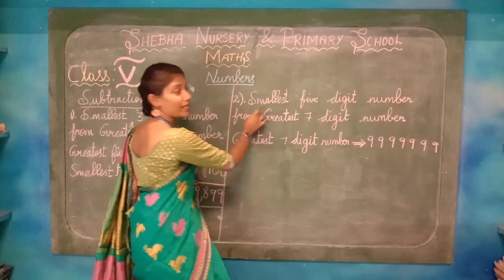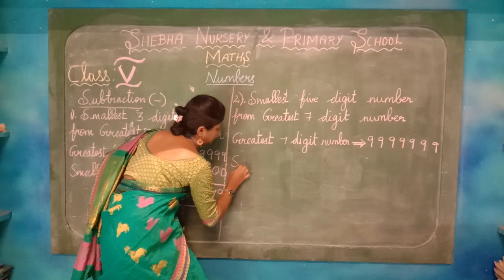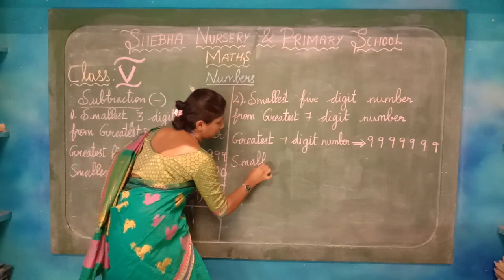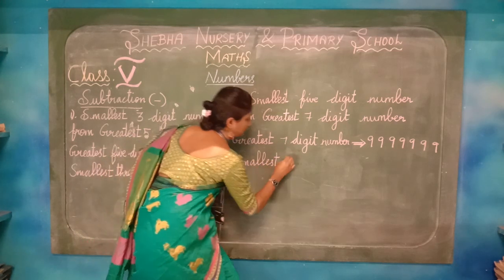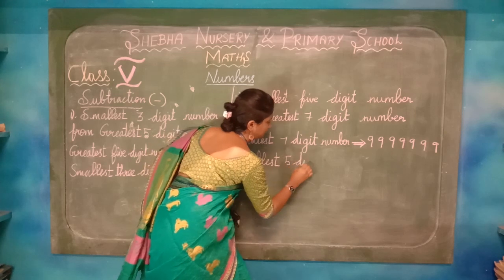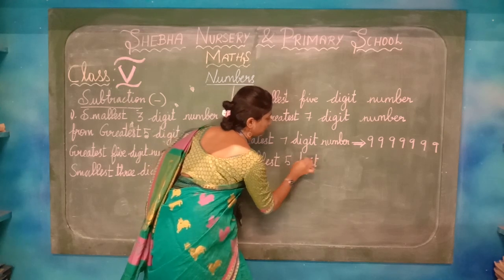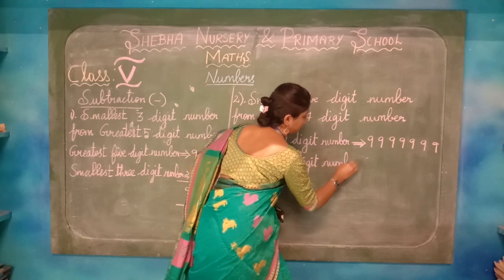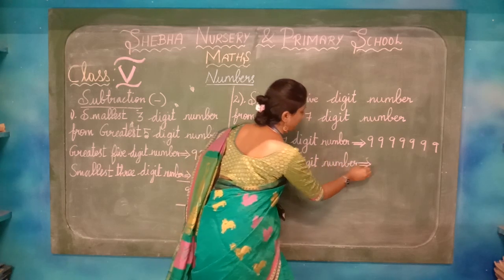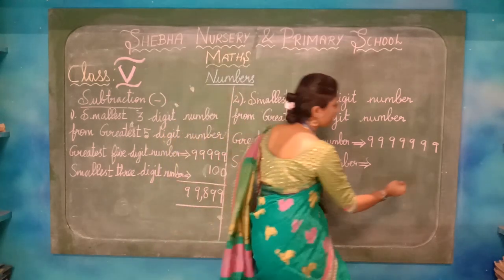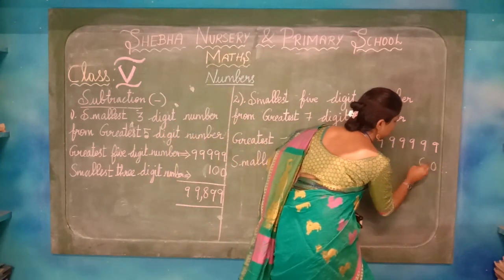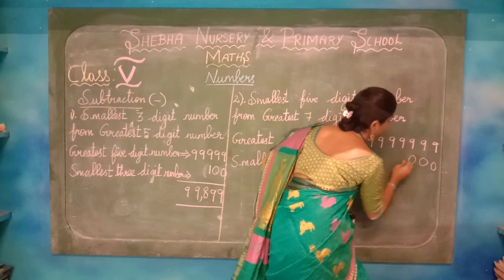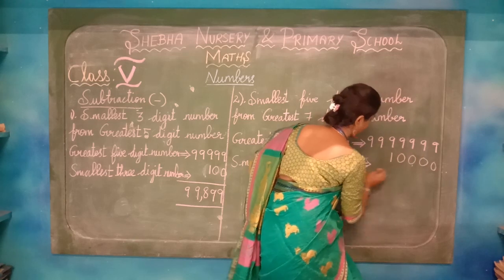And then the smallest 5-digit number. What is the smallest 5-digit number? 0, 0, 0, 0 and then 1.